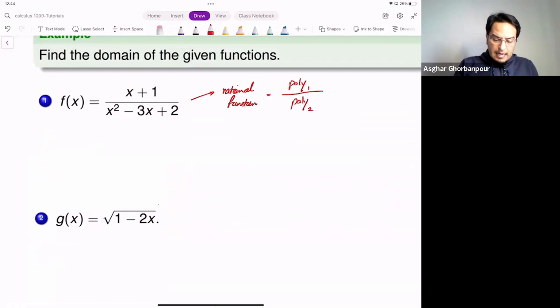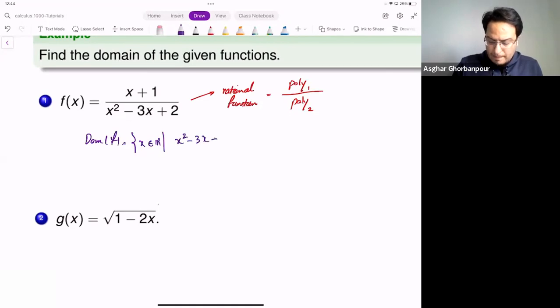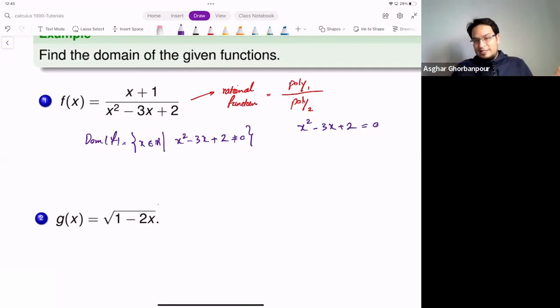So for any function whose definition involves a fraction with a denominator, the domain of that function will be all real numbers except the ones which make the denominator 0. So I want to find the values of x for which this is equal to 0, and I will exclude them.